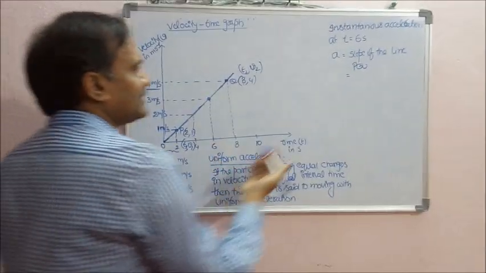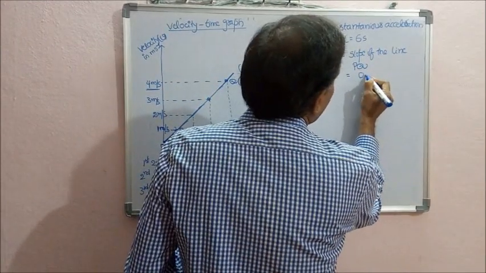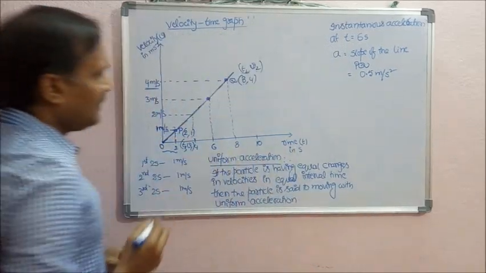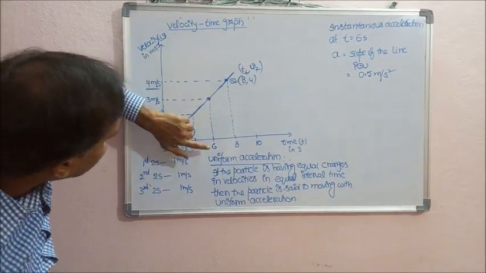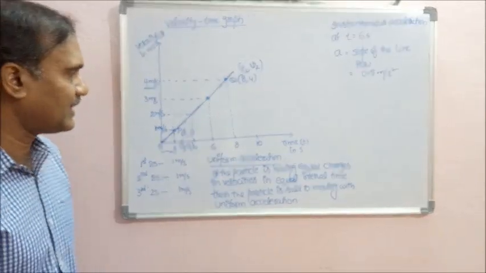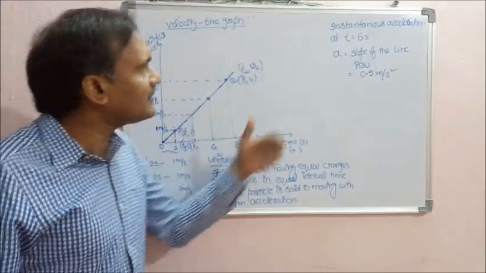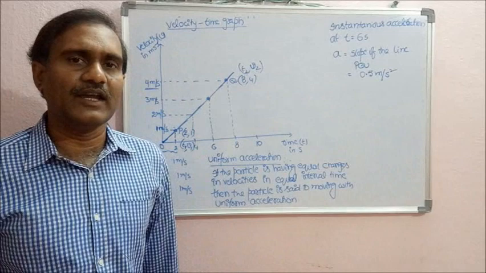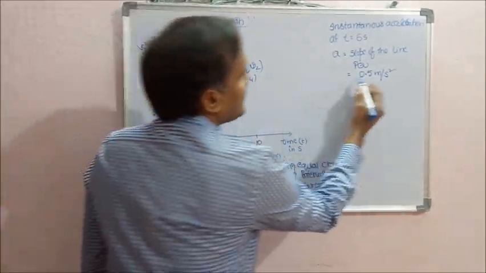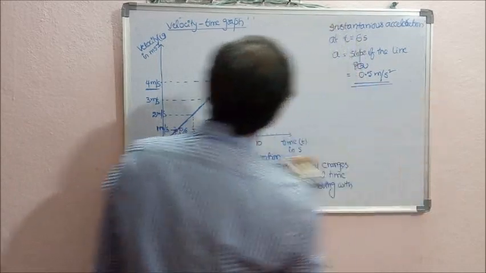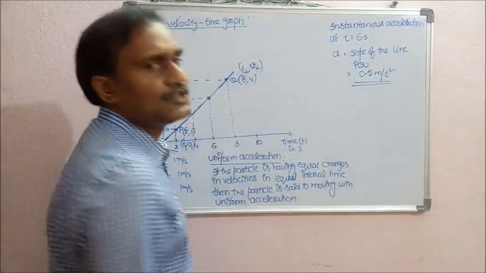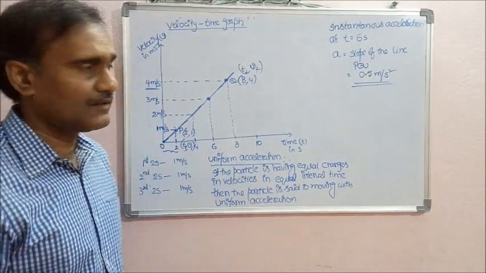Already we have calculated it as 0.5 meter per second square. That is, acceleration at 6 seconds is 0.5 meter per second square. Acceleration at 8 seconds is also 0.5, and at 2 seconds also 0.5 meter per second square.